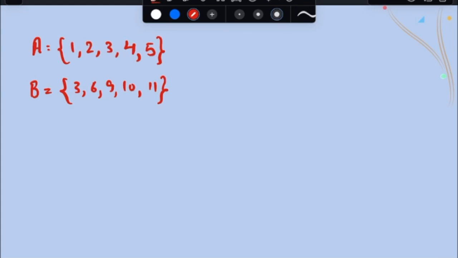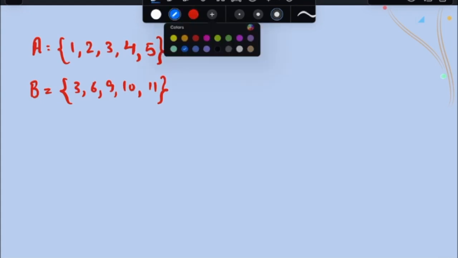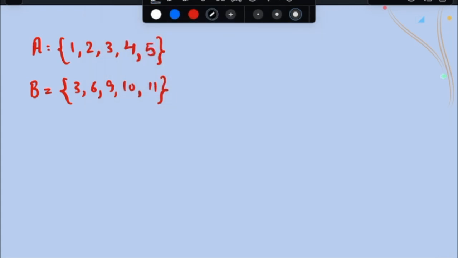Now if I connect them, what do I mean by connecting? 1 is somehow related to 6, 2 is related to 9, 3 is related to 3, 4 to 10, 5 to 11.